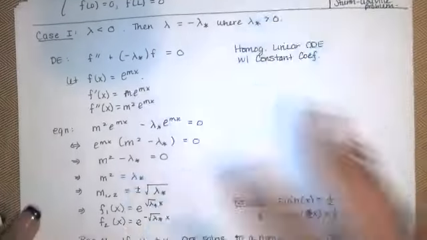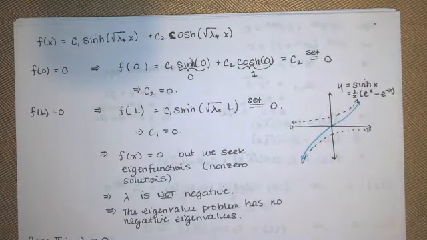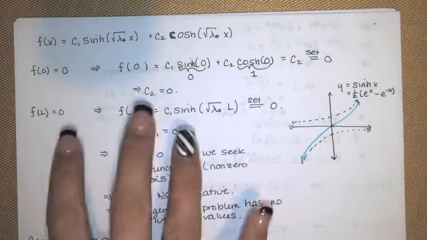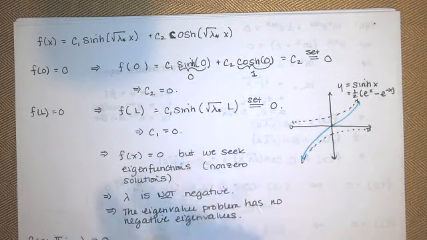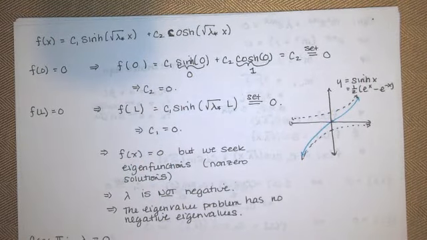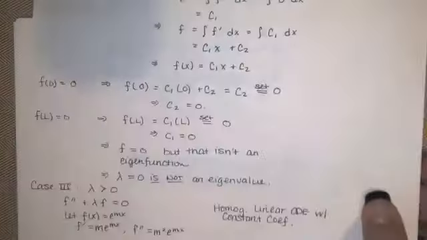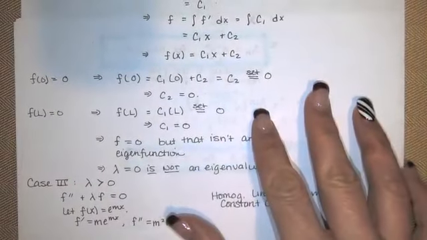Okay, so we go case by case. Lambda being negative would give us this combination of hyperbolic sine and hyperbolic cosine functions, which turns out, given our boundary conditions, to correspond to the 0 function, which is not an eigenfunction of the regular Sturm-Liouville problem.